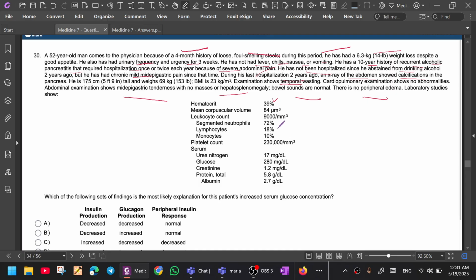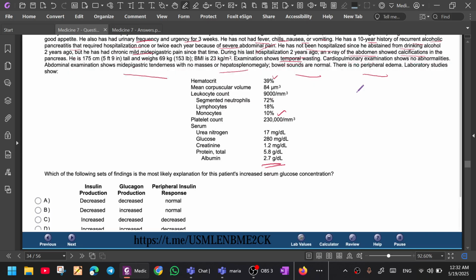Let me see. Neutrophils, yeah, it's high. Lymphocytes normal. Monocytes, I think monocytes is high too. Platelet count normal. Hematocrit is low.